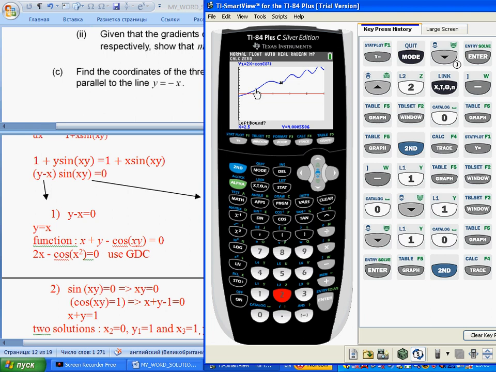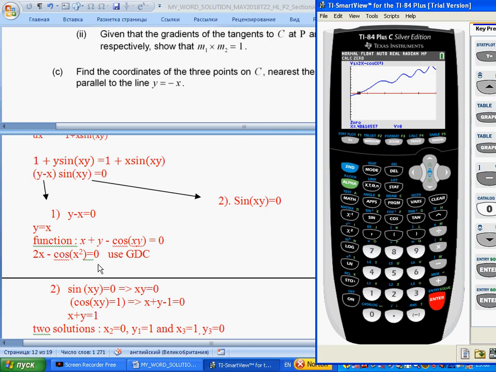Zero and 2, let's put 0, enter, and the right boundary will be 2, enter. Guess, answer. Okay, right, so 0.486 something. Right, so this is the answer that we have in the answer sheet.